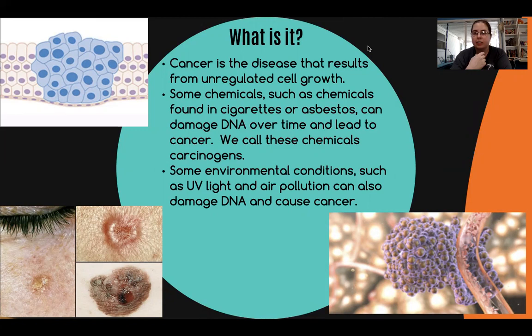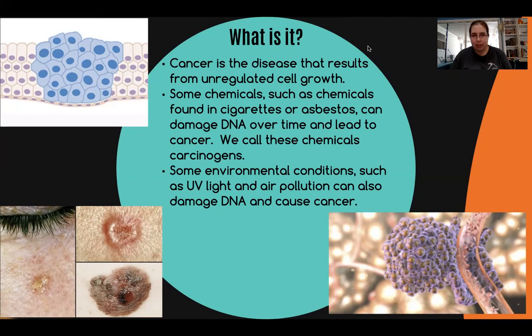Chemicals in cigarettes have been linked to lung cancer. So constantly exposing your lungs to this particular chemical found in cigarettes, over time, it damages the cells and the DNA in the cells of your lungs, leading to lung cancer. Asbestos, too much exposure to it over time, can also damage DNA and lead to something called mesothelioma.